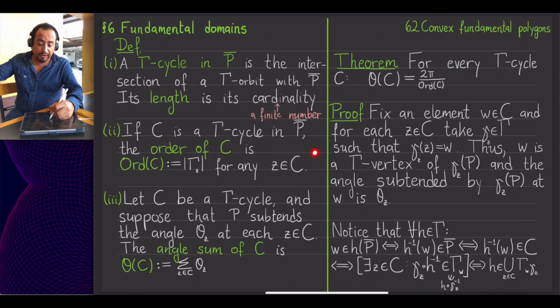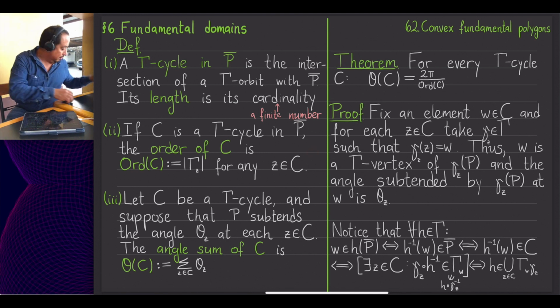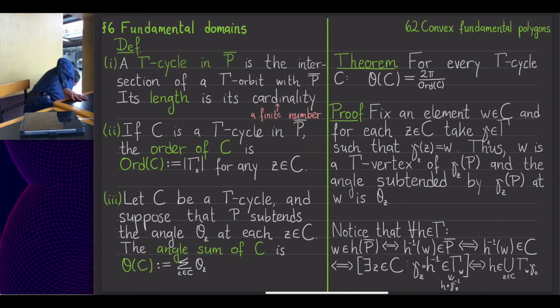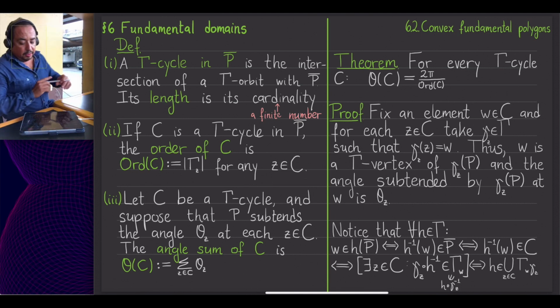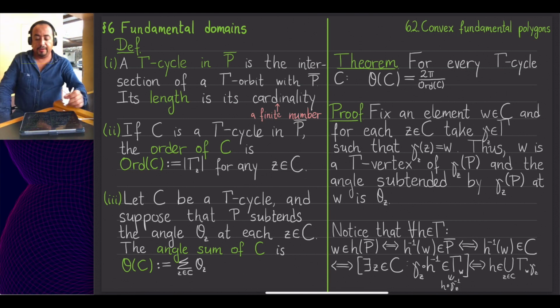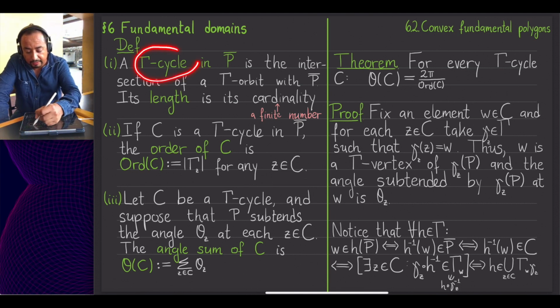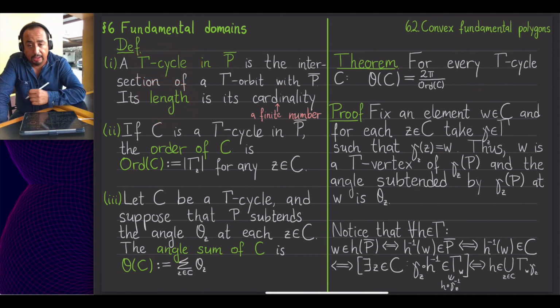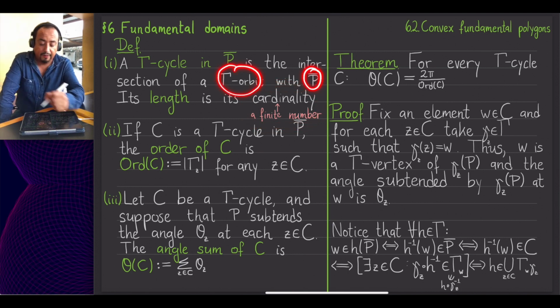And only finitely many elements of gamma have the property that this point intersects images of P. So the cycle must be finite. Its length is the cardinality of that intersection of this gamma orbit with P bar.